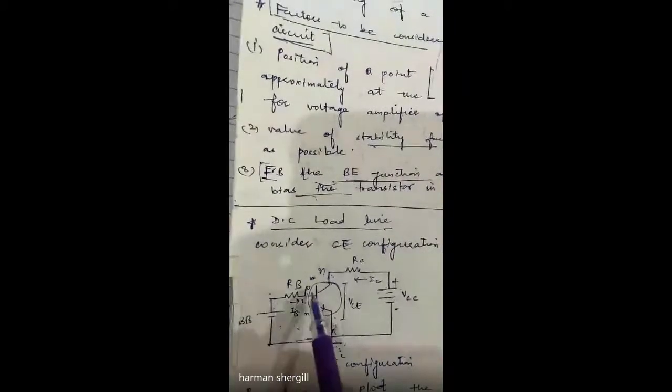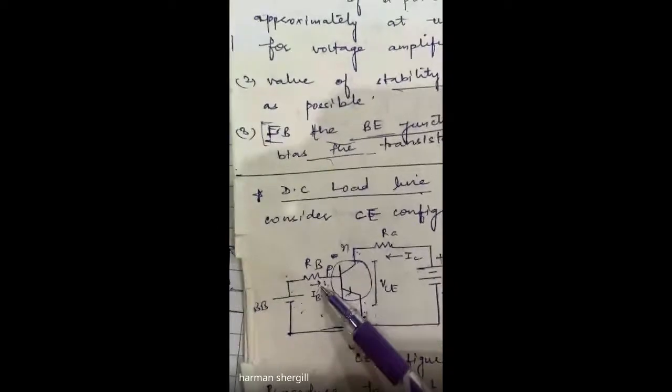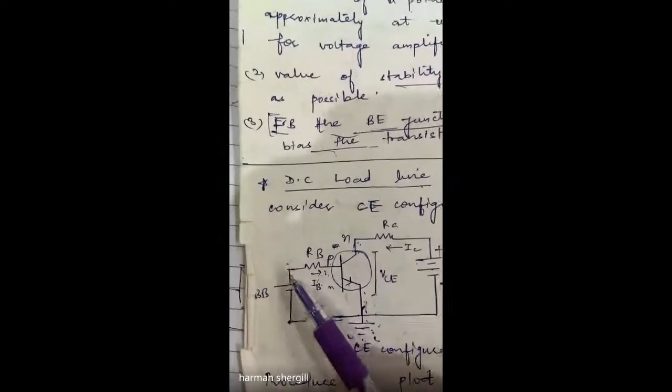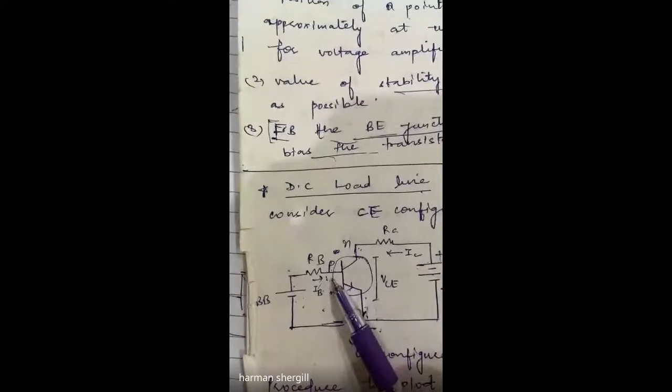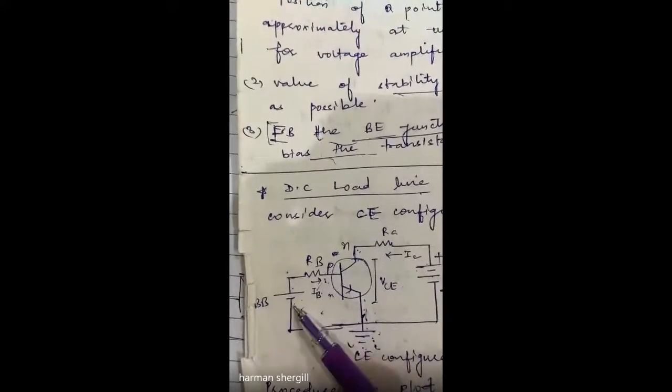To forward bias this junction, I have connected positive with the base because base is of P type. If it is an NPN transistor, the middle is always the base. The base is of P type, and collector and emitter are of N type. As I have to apply the input at the base terminal, I will connect the positive of the battery with P, because I have to forward bias this junction.